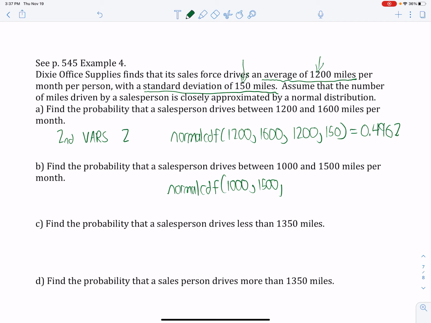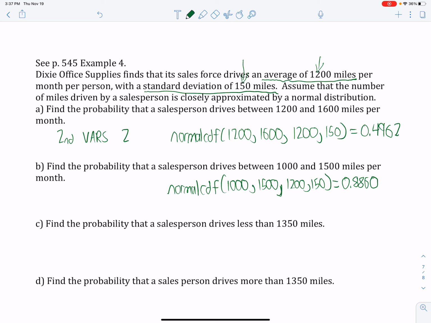We still have the same mean and standard deviation of 1,200 and 150. I put that in my calculator and I end up getting 0.8860, just rounded to 4 decimal places. And that's it. Now let's take a look at the next one.